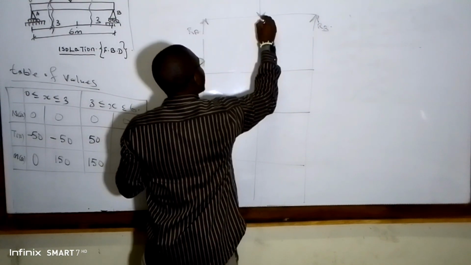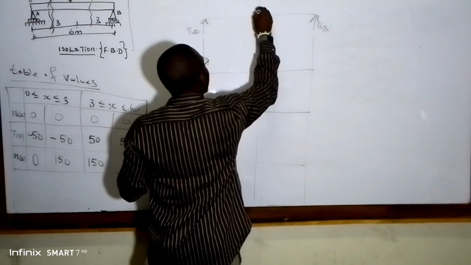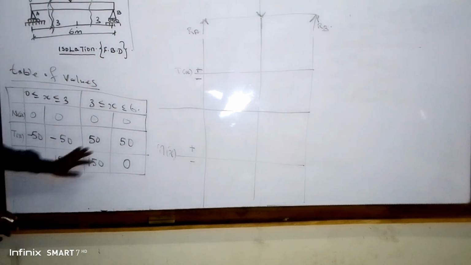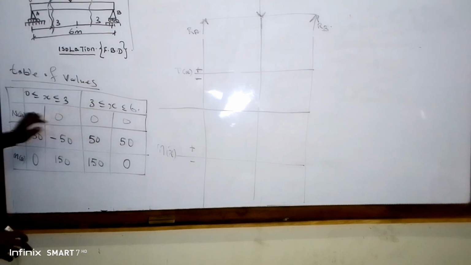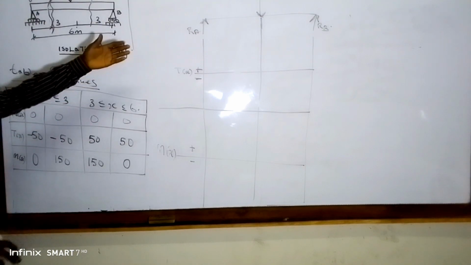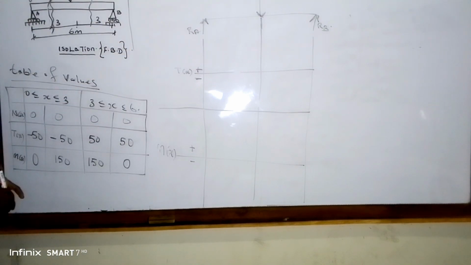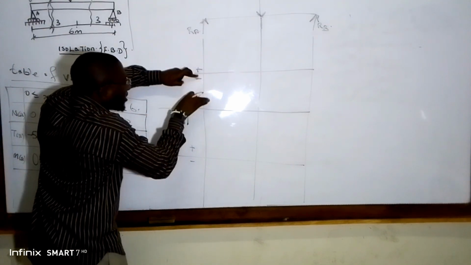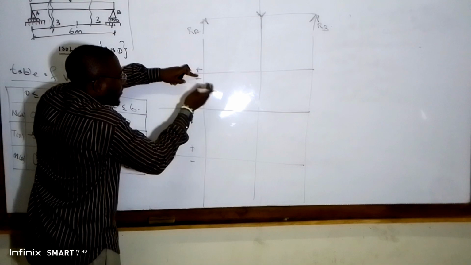So guys, what are we going to do now? It is just to plot the points. These are the points. Our normal force is 0, 0, 0, all through, so we are not going to include it in our shear force and bending moment diagram. For our T of X, we have negative 50. Since this is the negative part, this part below is known as negative.